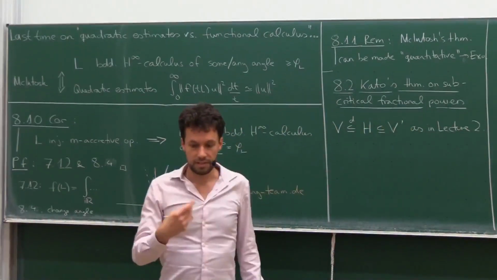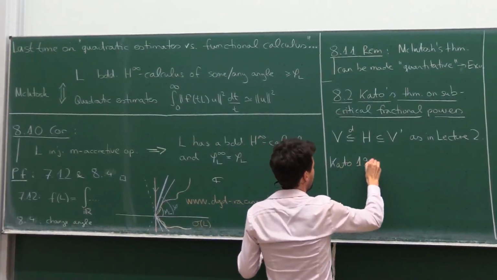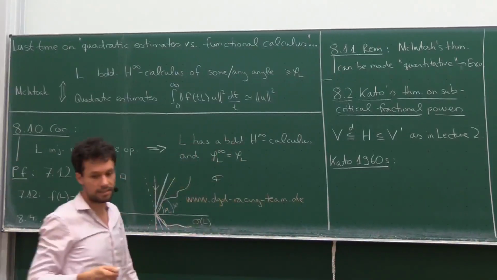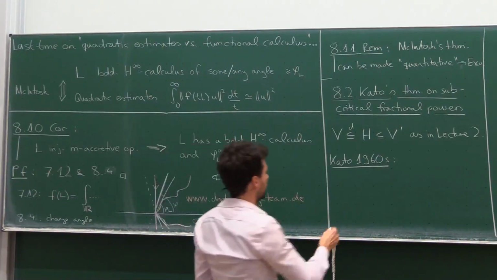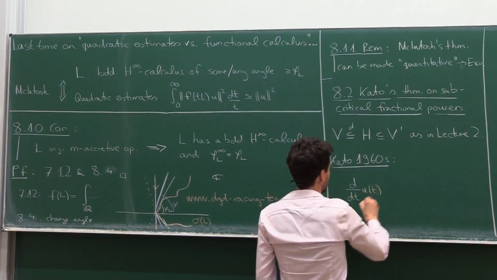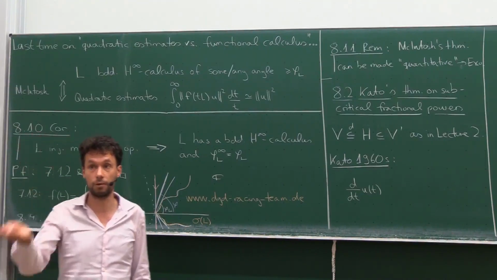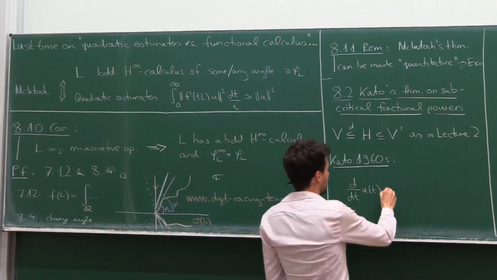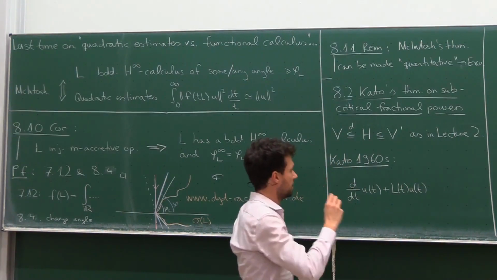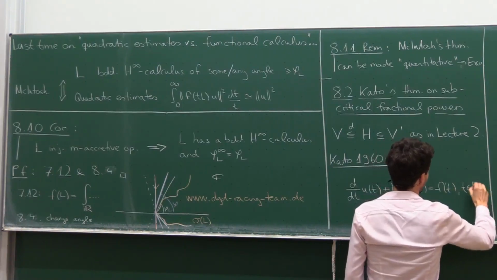The starting point of this story, just to give you a bit of context before stating mathematical theorems, is that Kato, at the beginning of the 1960s, studied what is called a non-autonomous evolution equation. It's an equation of the following type. There's a time derivative, so something evolves as time passes, and then there's a coefficient L of t applied to u of t, and that should be equal to f of t for t in some interval.